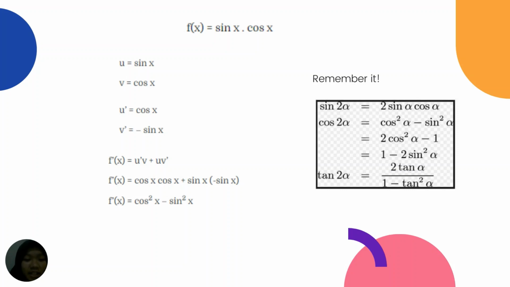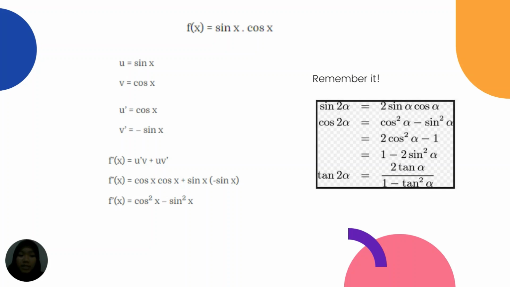Okay, we conclude that f prime x is u prime x times v(x) plus u(x) times v prime x, and then we substitute u(x), v(x) and the derivatives, that is cos x times cos x plus sin x times minus sin x, and then the result is cos squared x minus sin squared x.